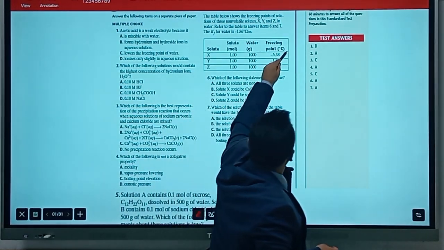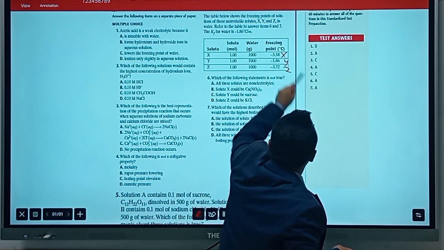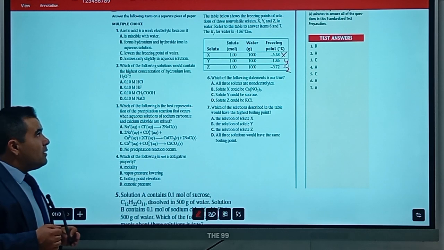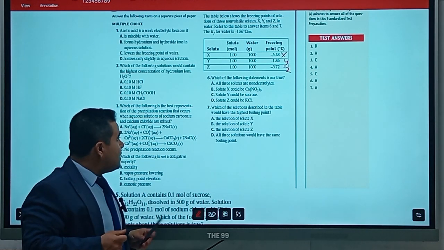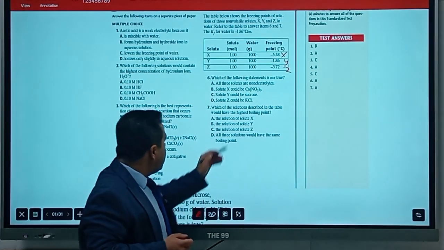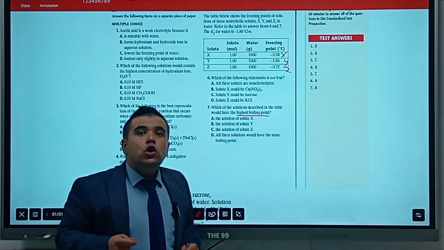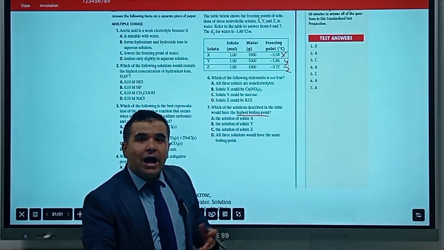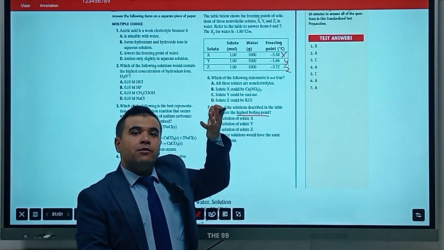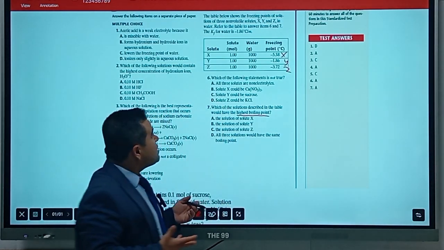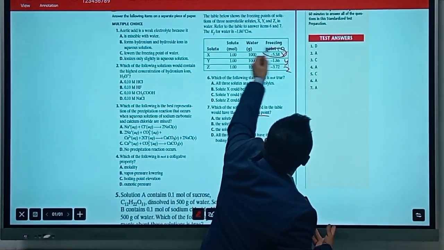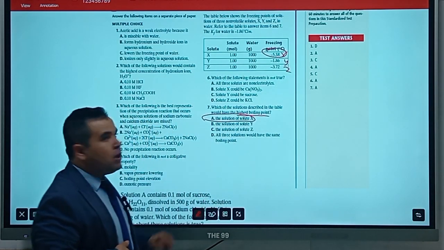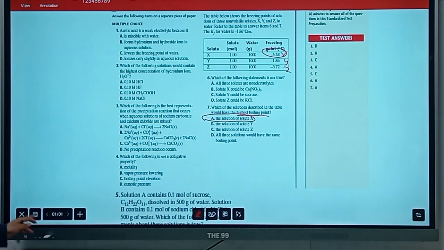Freezing points X, Y, Z. The one that has the highest boiling point must have the lowest freezing point. So the lowest freezing point has the highest boiling point. Which one has the lowest freezing point? Of course, X has the lowest freezing point. So the solution of X has the lowest freezing point.